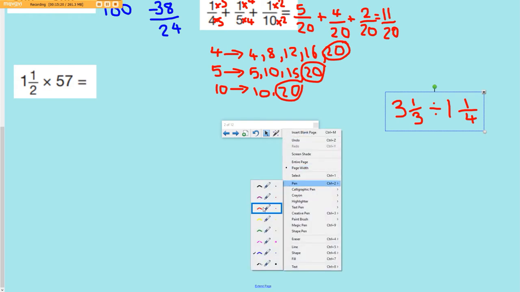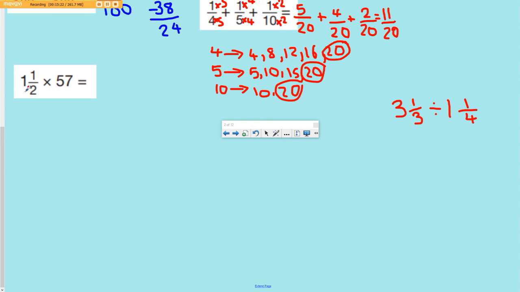I'm going to do 2 times 1, then add 1, so that becomes 3 upon 2, and then we're going to times that by 57. Now remember, 57 can be written as 57 upon 1.